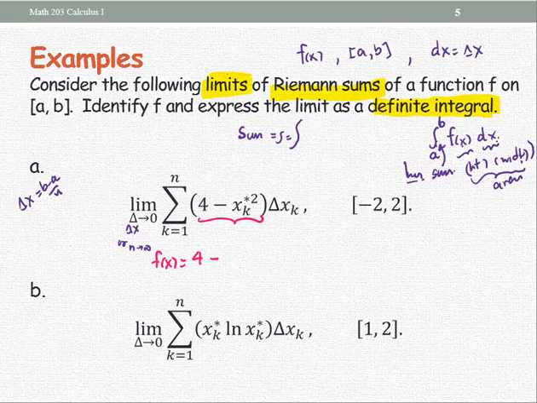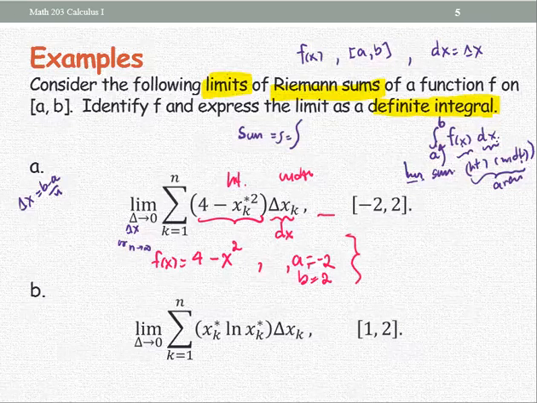If the bar is very narrow, it doesn't matter whether you pick the left end, the right end, or the midpoint, the function is going to be very close. So we just use the notation x in general. The function is 4 minus x squared. The delta x is the dx. We have the height times the width, and the sum becomes the sum of the area. Take the limit. And what are a and b? a equals -2 and b equals +2.